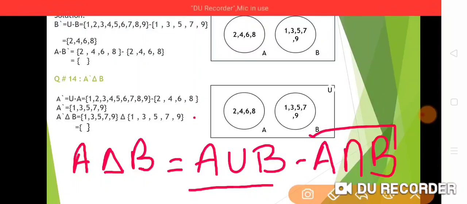This is an easier way. Write down set A, write down set B, all the elements of set A and set B, take the common elements, and write down the elements that are left in set A and set B both.